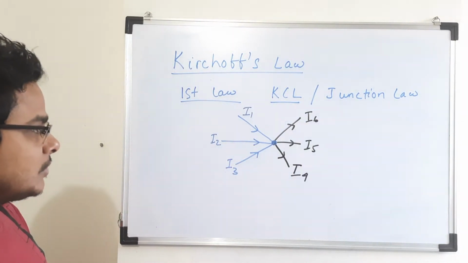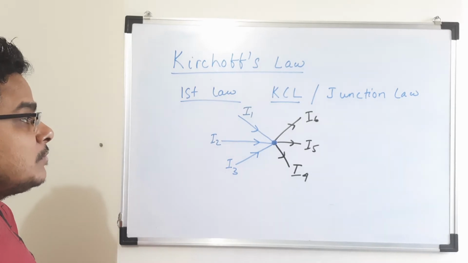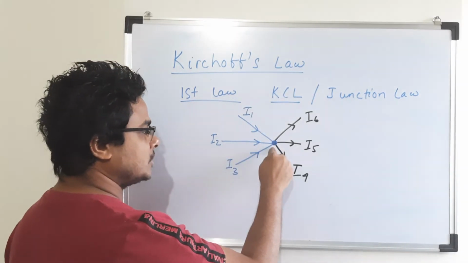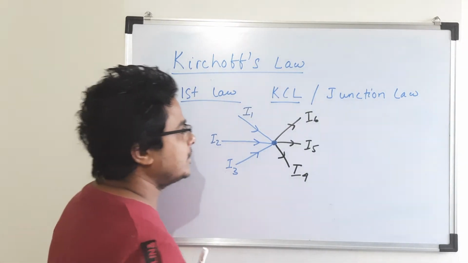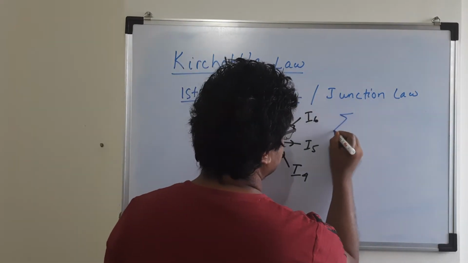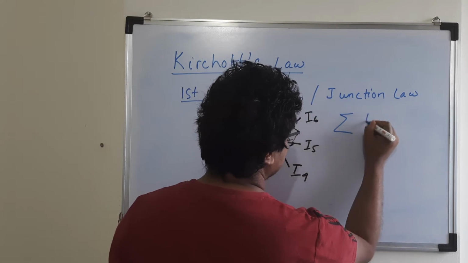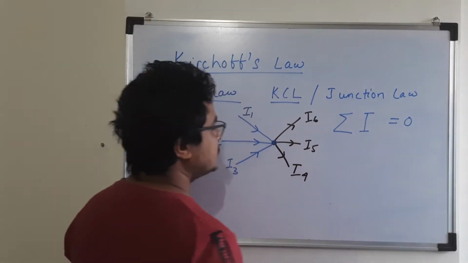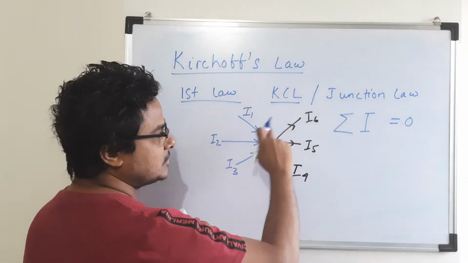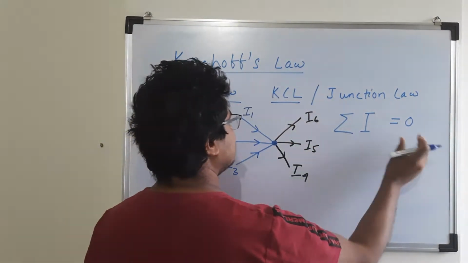So Kirchhoff's current law says that the sum of all these currents at a junction will be zero. What do we mean by that? Let us write: sum over I is equal to 0. That means if you take all the currents here and add them, it should be 0.